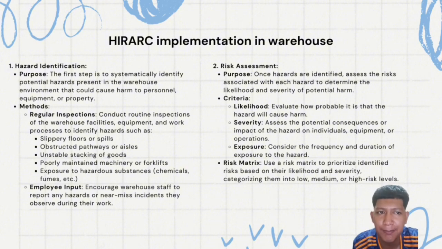Severity: assess the potential consequences or impact of the hazard on individuals, equipment, or operations. Exposure: consider the frequency and duration of exposure to the hazard. Risk matrix: use a risk matrix to prioritize identified risks based on their likelihood and severity, categorizing them into low, medium, or high risk levels.